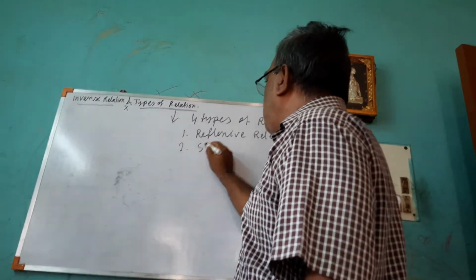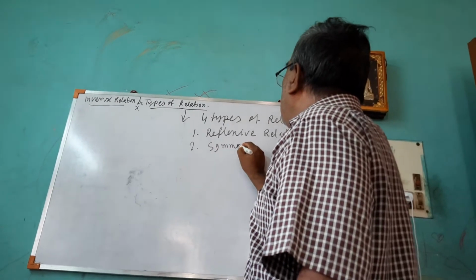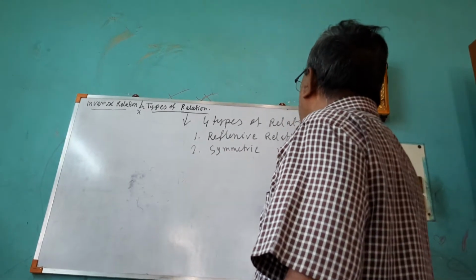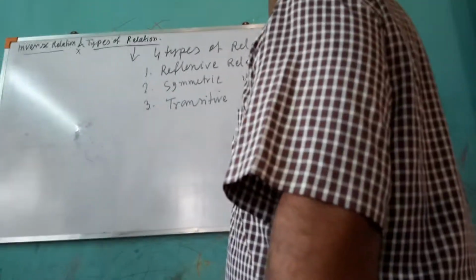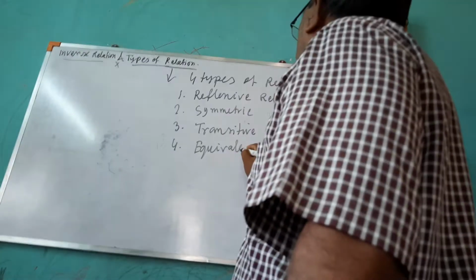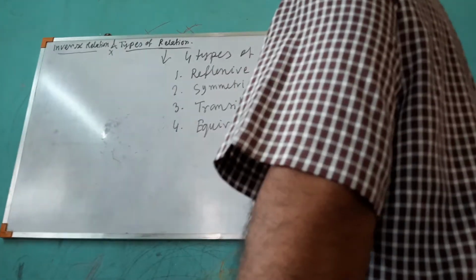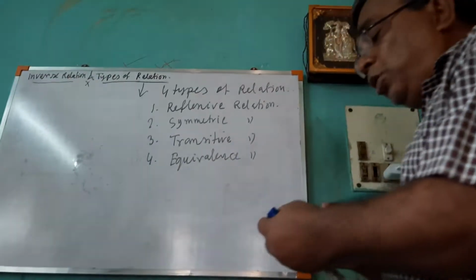Number two, symmetric relation. Number three, transitive relation. Number four, equivalence relation.